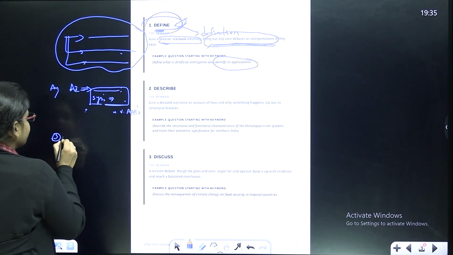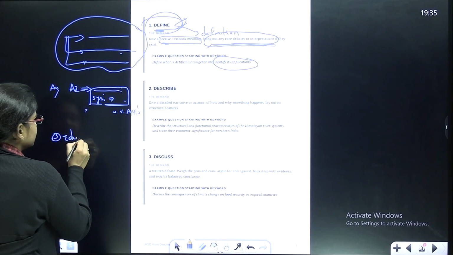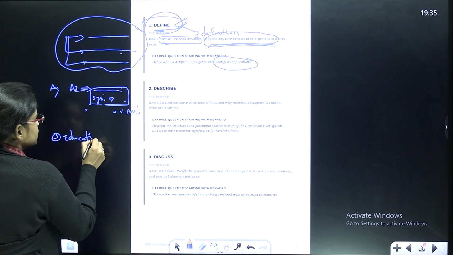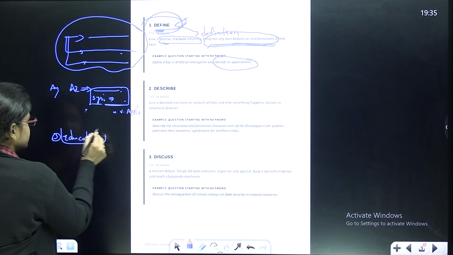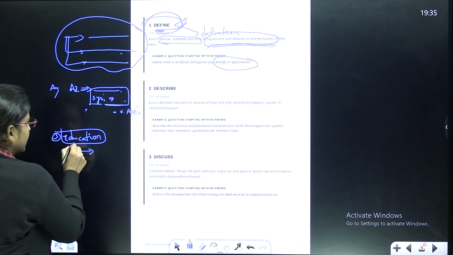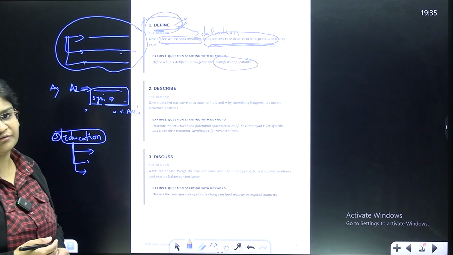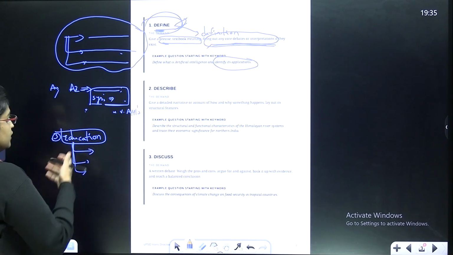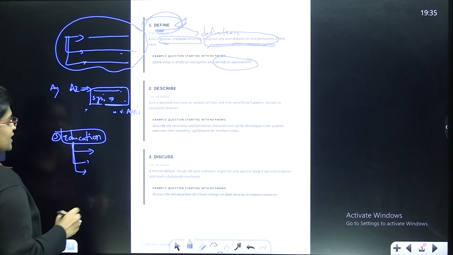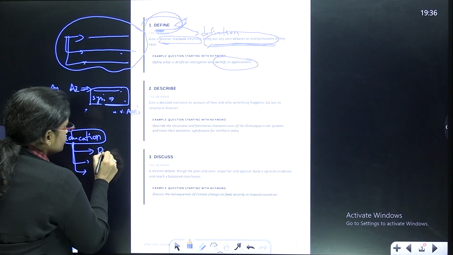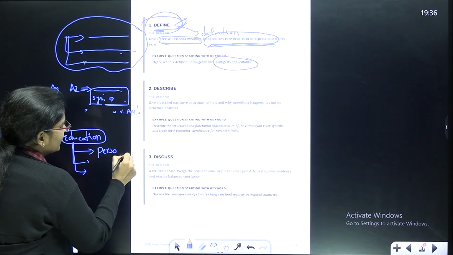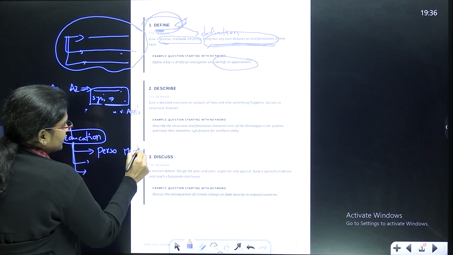Let's say third field, what I will highlight here is the application of AI in education. And here also I will write 2 to 3 points mentioning how artificial intelligence can be used in the education field.